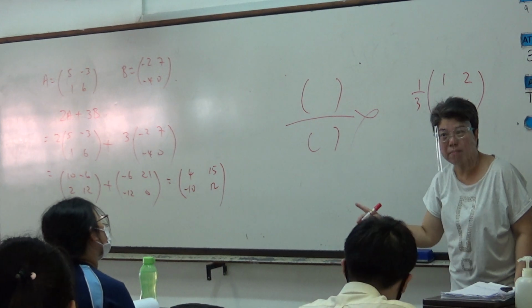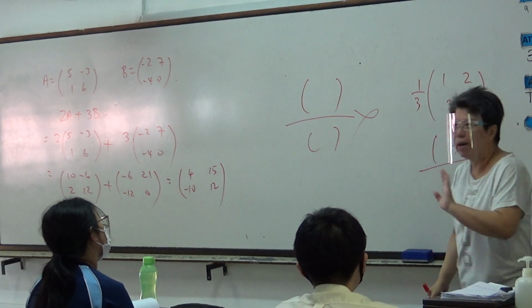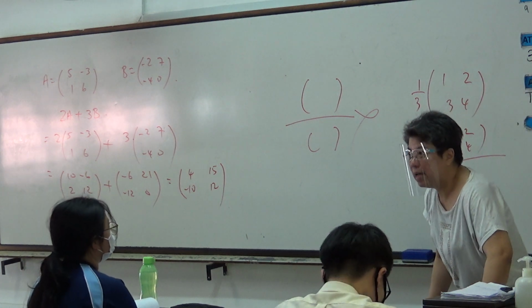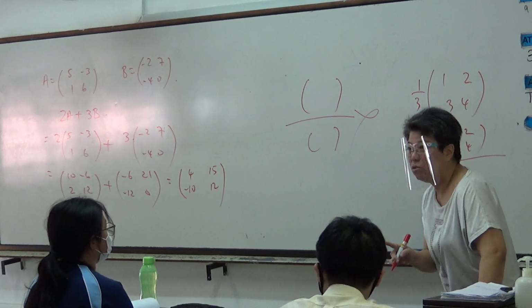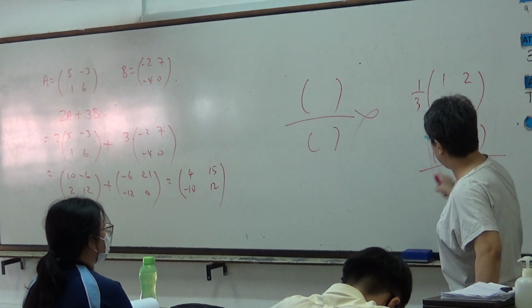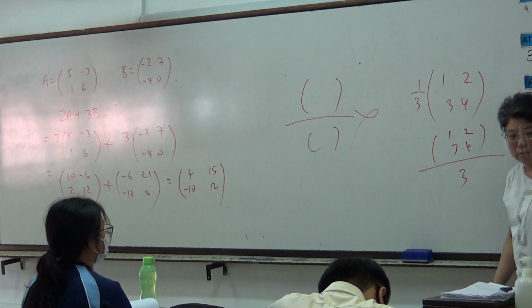You do not go and say, divide by 3. No, I cannot. Understand? You times 1/3. If you want to divide by 3, there's no matrix division. Do you understand? Follow or don't follow?